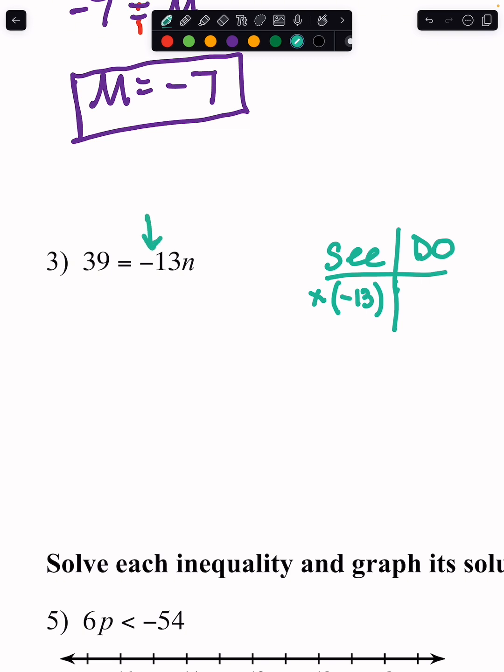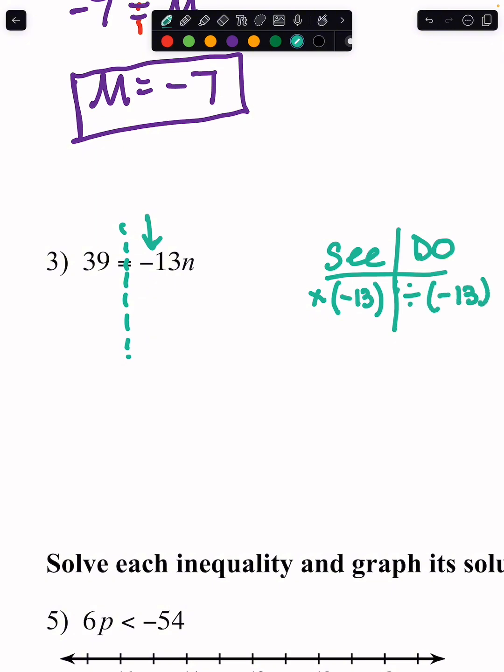It's minus if there was something in the front or if there was an additional number like plus 5 or something. But because it's the only thing on the right, that means multiplication. So if I see times negative 13, I need to do divided by negative 13.